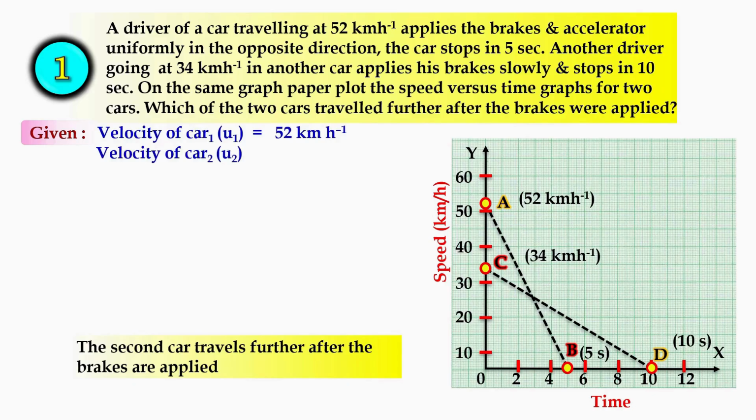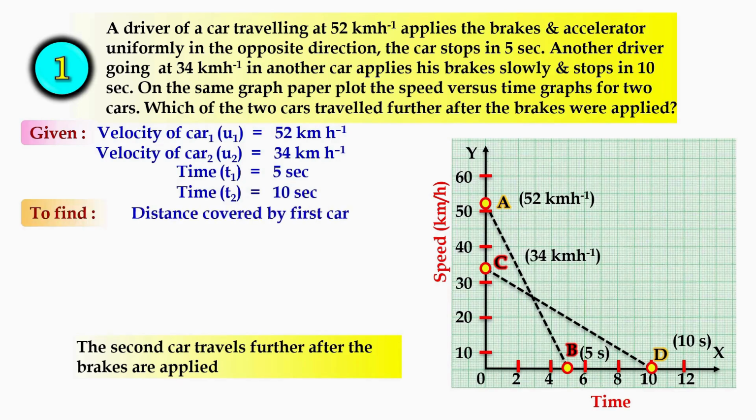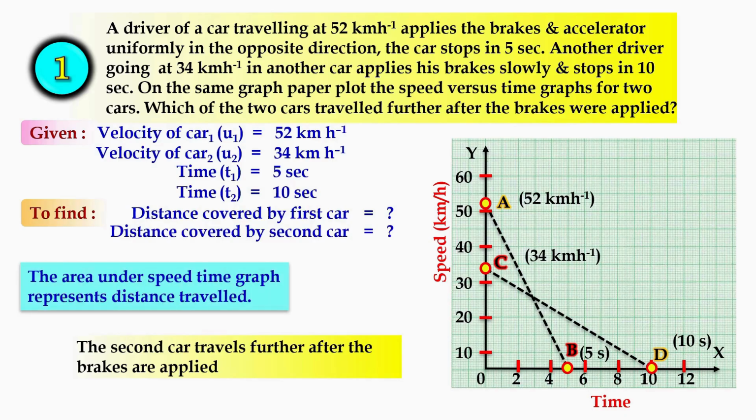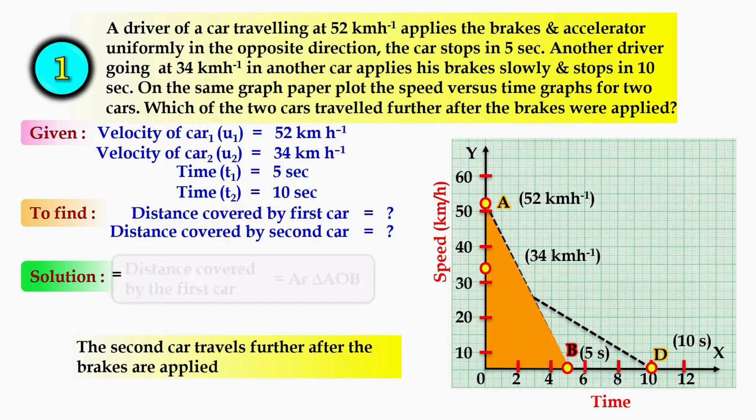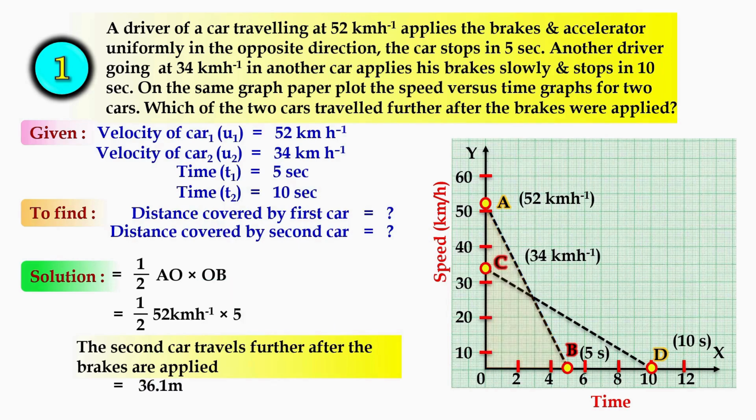First, we convert the speed from kilometers per hour to meters per second. 1 kilometer per hour is equal to 5 by 18 meters per second. So, 52 kilometers per hour becomes 52 multiplied by 5 divided by 18 meters per second. Substituting the values, the distance traveled by the first car is 36.1 meters.